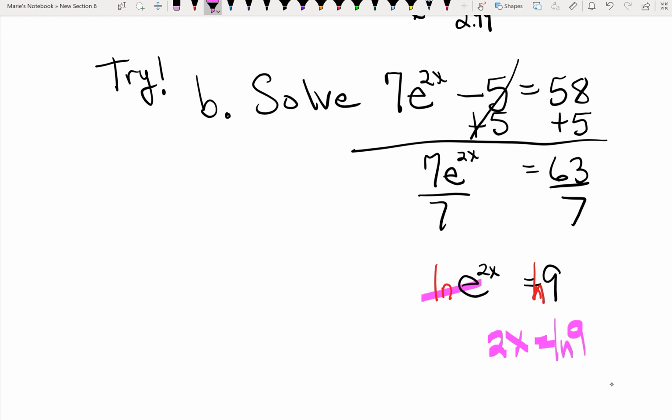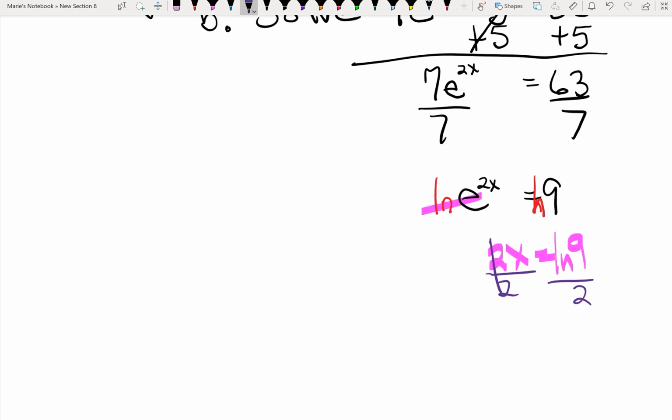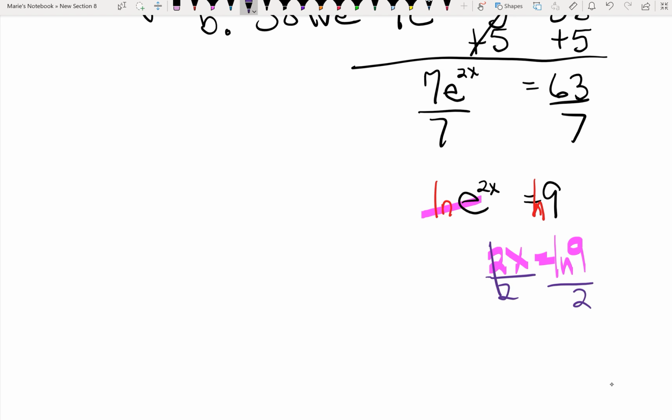And then we're going to divide by 2 on both sides to cancel out the 2, leaving you x is equal to natural log 9 divided by 2, which approximates 1.10. That should not be terrible if you're fairly decent at algebra 1, even algebra 2.